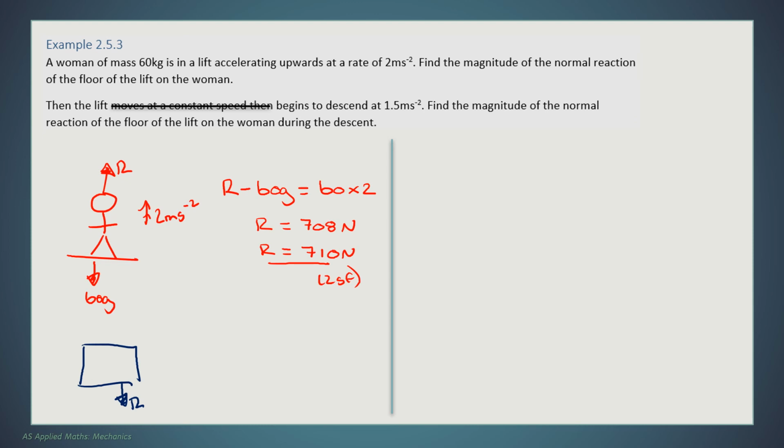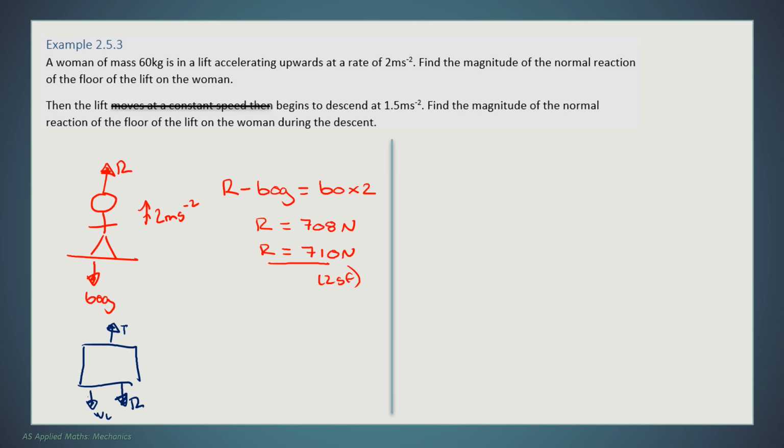So you can use this person system, just because we don't know the tension, we weren't given any information about the tension or the weight of the lift, so I wouldn't be able to calculate anything using that system, therefore I would need to use the person system. And the same, I wouldn't be able to use the whole system because I don't know the weight of the lift and I don't know the tension, so it's very much dependent on which information you're given in your question.